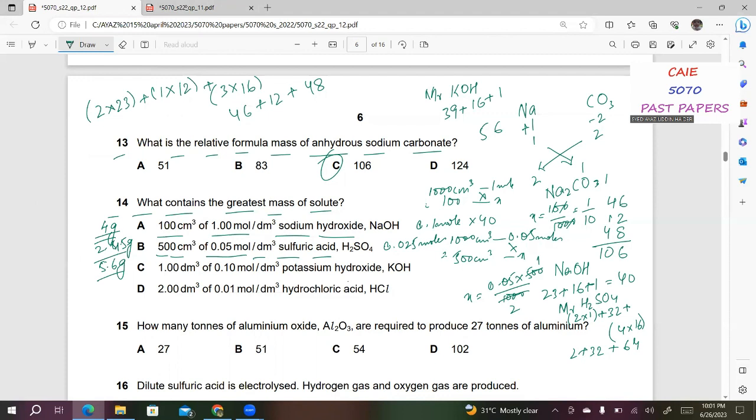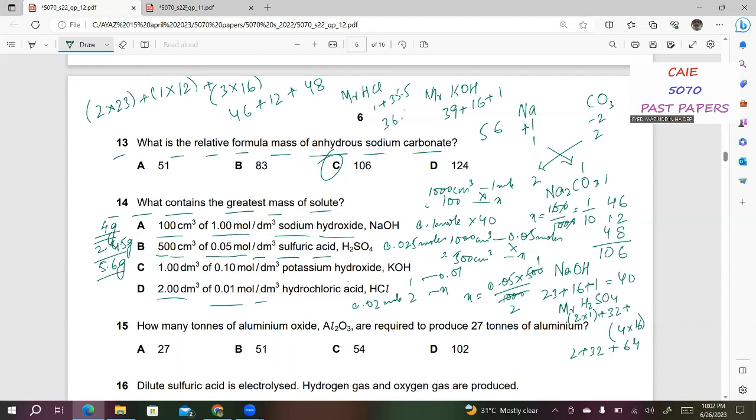Okay, D, 2 dm cube of 0.01 mole per dm cube hydrochloric acid. So it means 1 dm cube contains 0.01, so 2 contains X. So 2 will be multiplied by 0.01, you will get 0.02 moles of hydrochloric acid. MR of HCl: hydrogen is 1 plus 35.5 for chlorine.